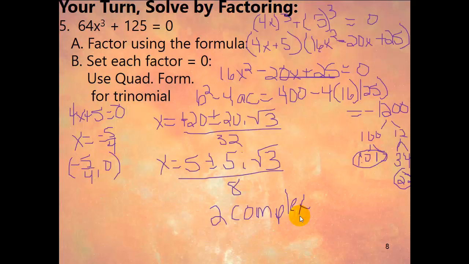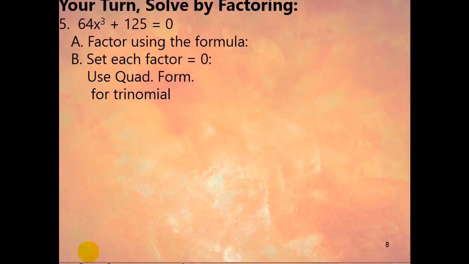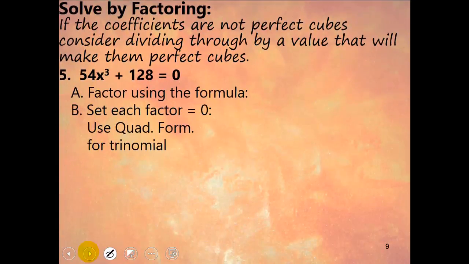Here we go. I think this is our last one that we're coming up on. Okay, and now here's one thing that you want to look for. Let's say you have two terms, and your variable is cubed, but perhaps your coefficient on your variable isn't a cube. Look to see if you can reduce that first.